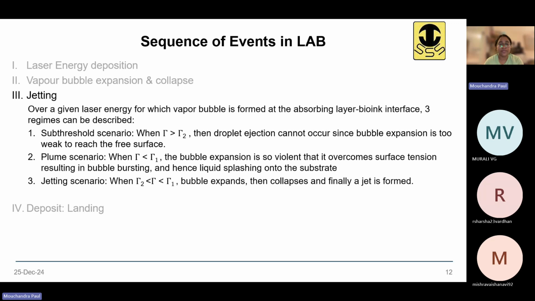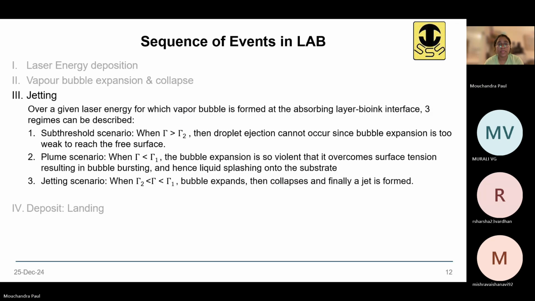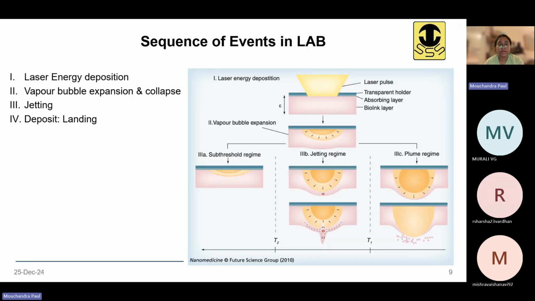In scenario 1, 3A, when gamma is less than gamma 2. Sorry, when gamma is greater than gamma 2, which is in this region.